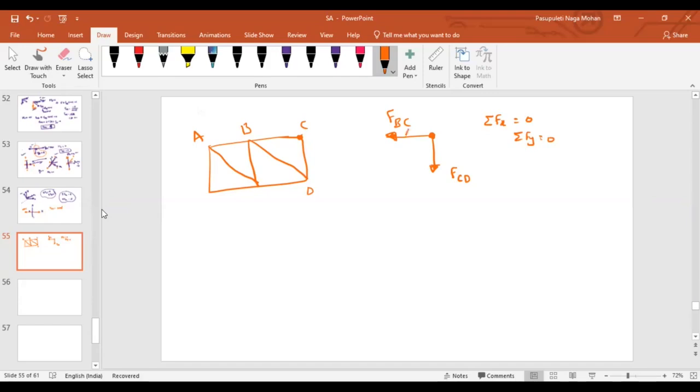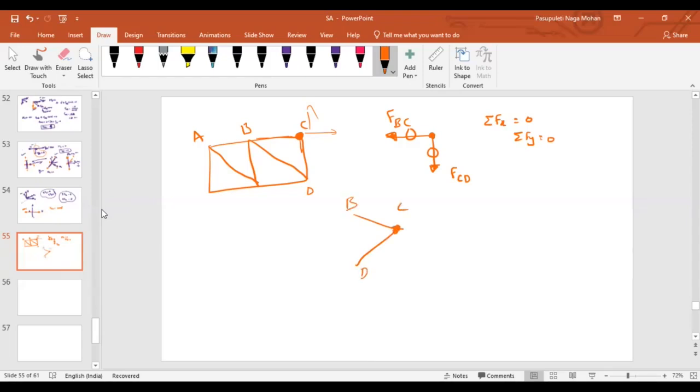0, sir. That means again we can say at a joint, if two members are connected, and if there are no loads acting at the joint, then what about the forces in the members? 0. What about if the forces are acting like this?